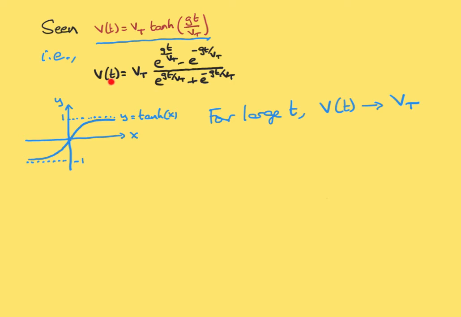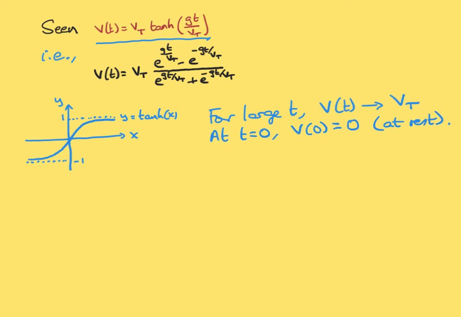So at the time t is 0, we have 0 over 2, so this vanishes. So at t is 0, v of 0 is 0, so it's at rest. And that is really exactly what we would expect.